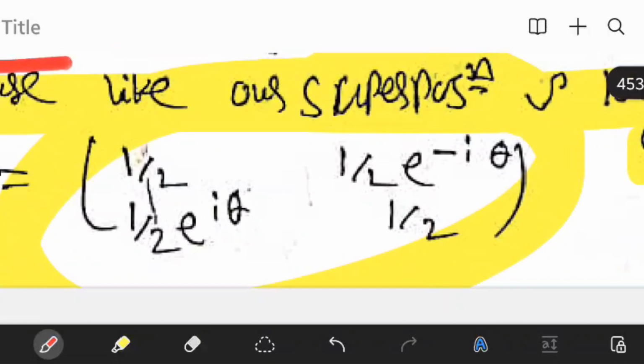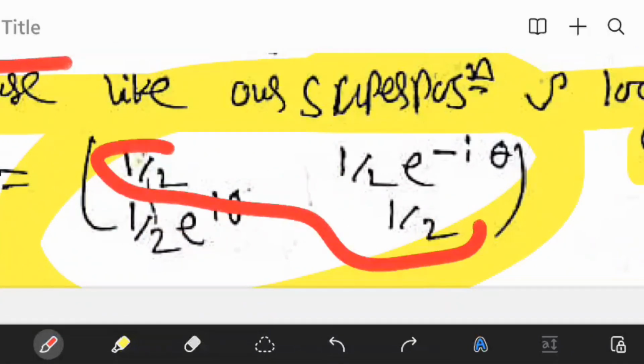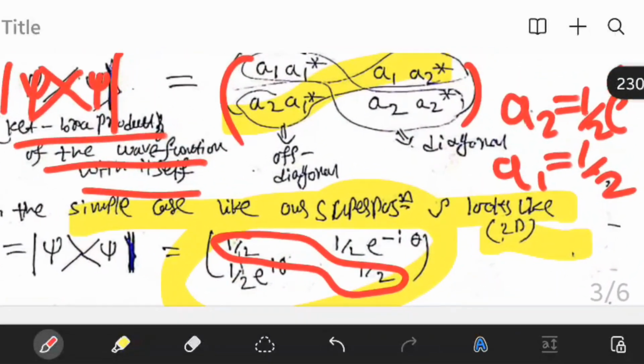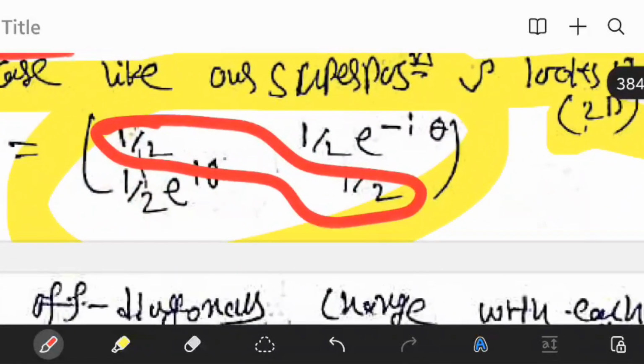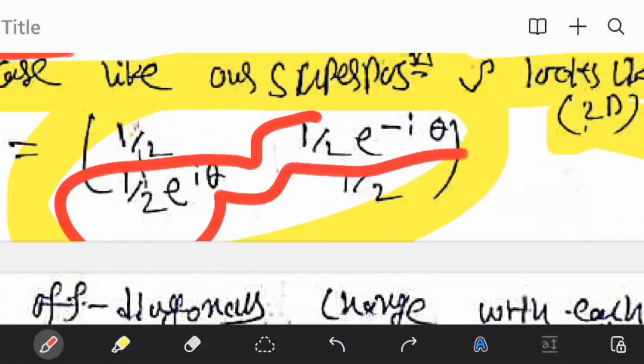Look at it carefully. These two terms, the diagonal terms, are truly constant. They never change. 1/2 never changes, okay? But these two terms, 1/2 e raised to i theta and 1/2 e raised to negative i theta, will change.